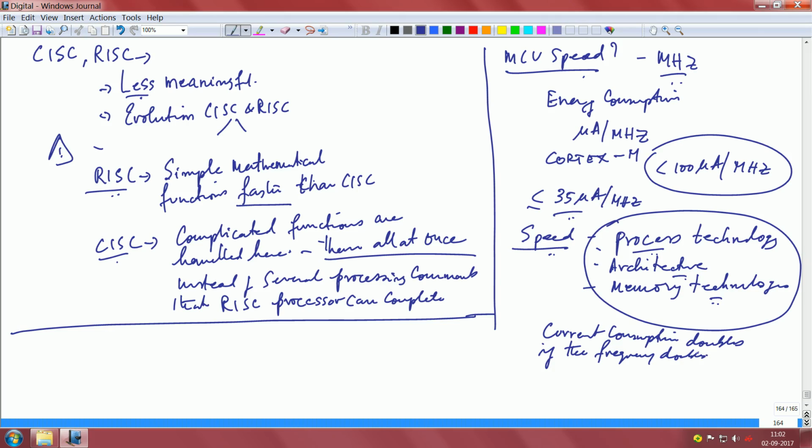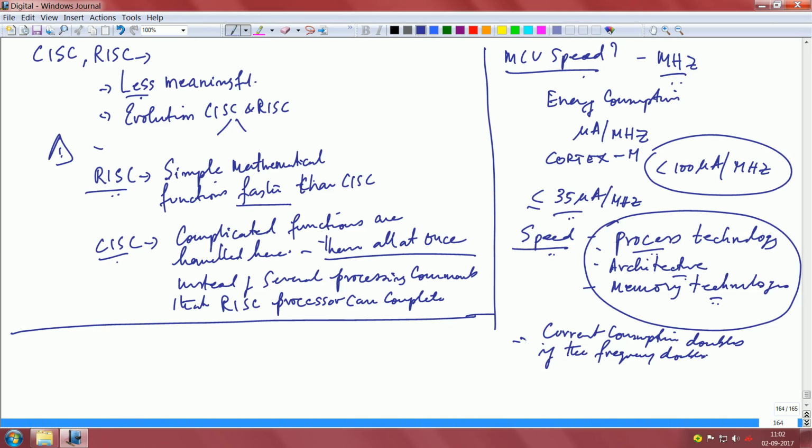Okay, you can say that, but that is very rough. So you have to understand what the process technology, the architecture and the memory are.